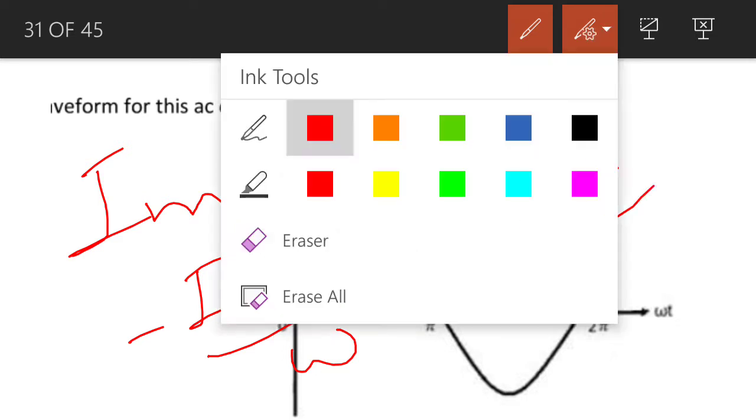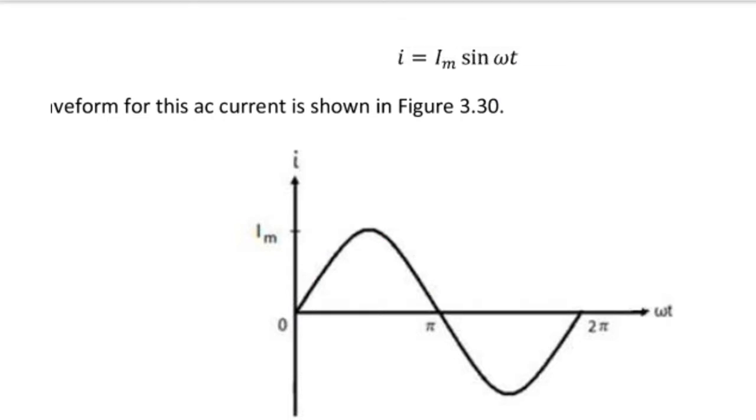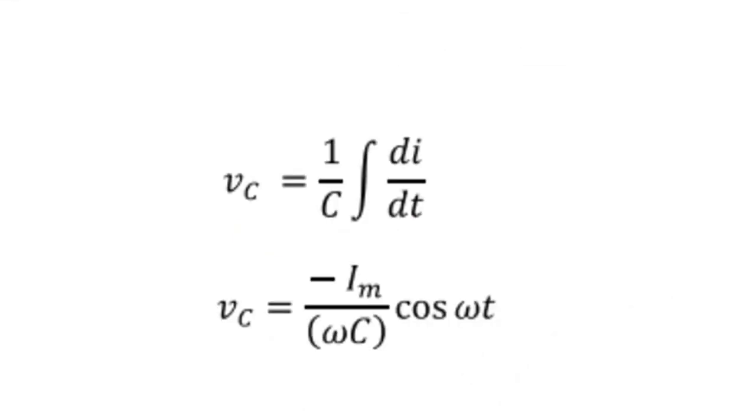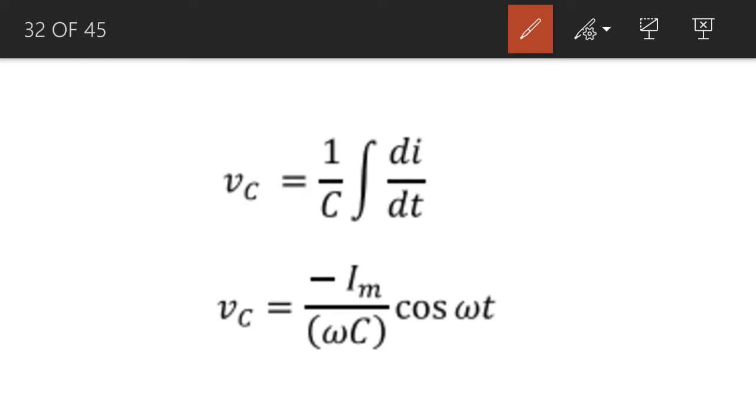So anyhow, we can find out the AC voltage across the capacitor with the help of this equation, we integrate the current with respect to time.